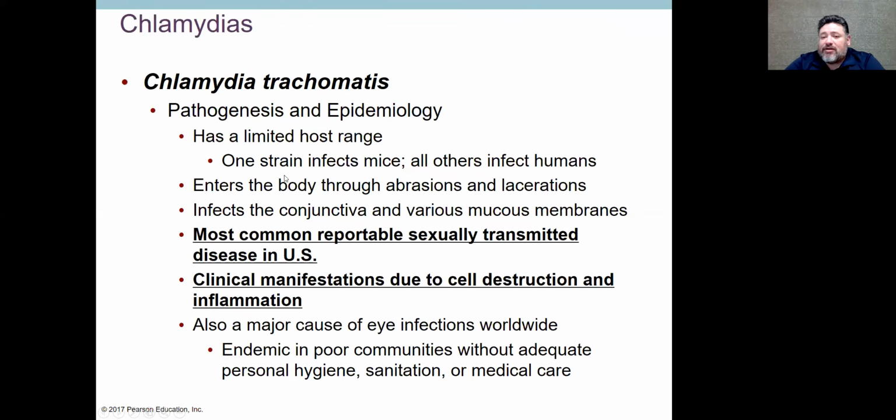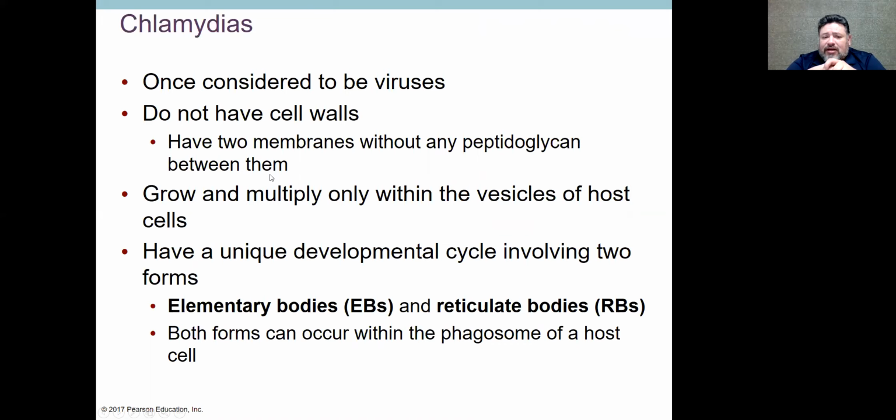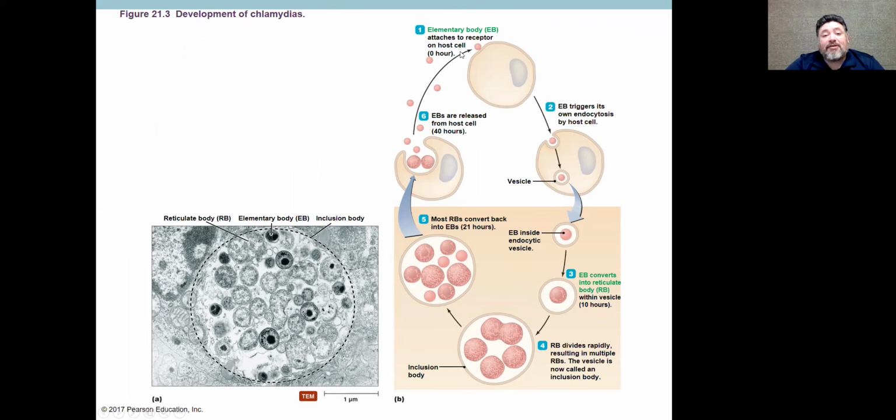Chlamydia is interesting. It goes through a dichotomous life cycle. One is as an elementary body, and one is as a reticulate body. Okay, if you look at the picture here, here's the elementary body when the organism is outside of the cell. And the reason this is significant is because the elementary body does not have metabolism.